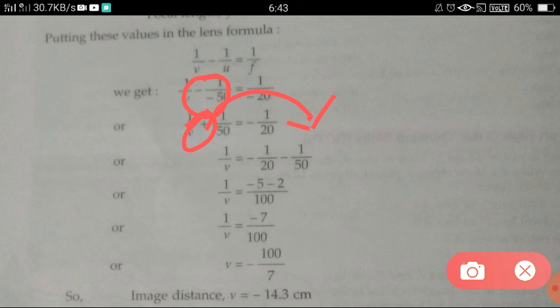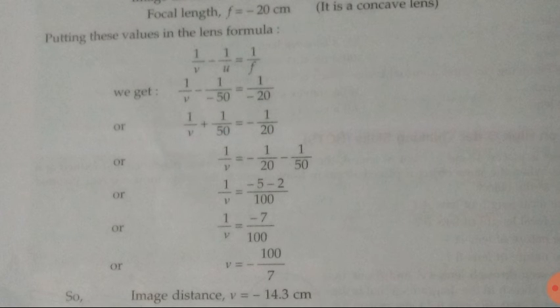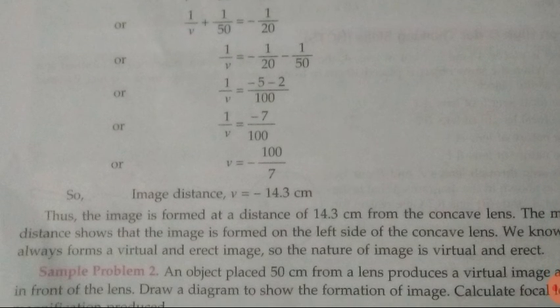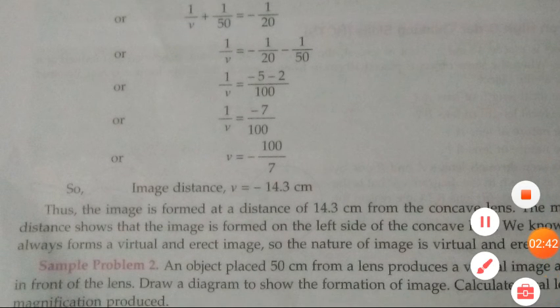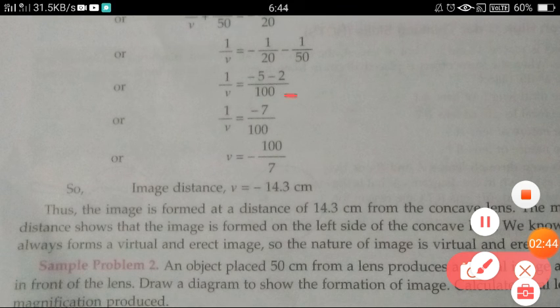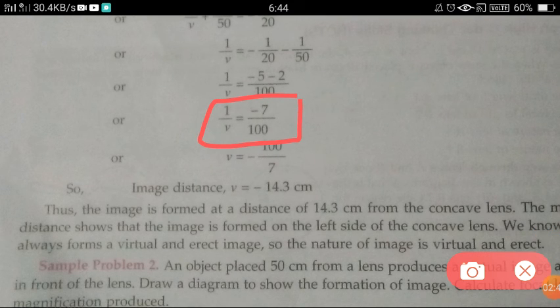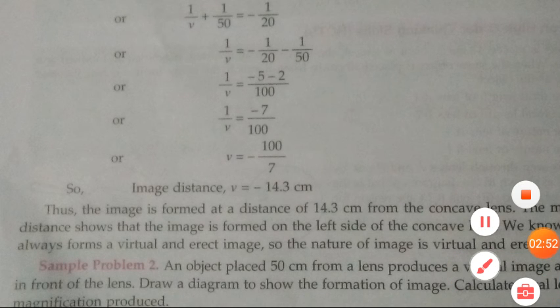So we have 1 upon v equals minus 1 upon 20 minus 1 upon 50. By taking LCM and solving this, we get 1 upon v equals minus 7 upon 100.